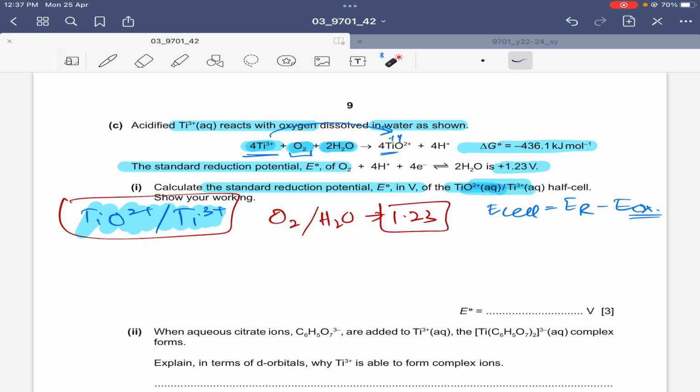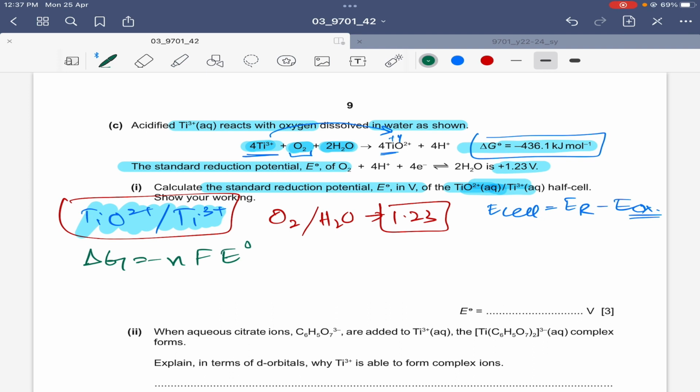So if we get E cell, then we can easily find out the reduction potential of TiO2+ and Ti3+. To find out E cell, we would use the relation between the Gibbs free energy and the cell potential, which is a new topic in the syllabus, and you will have learned that delta G is equal to negative of nFE naught cell.